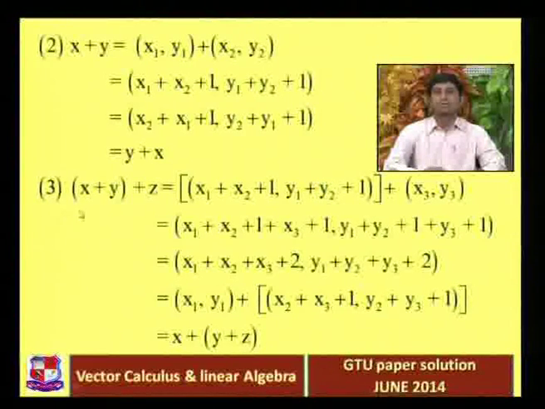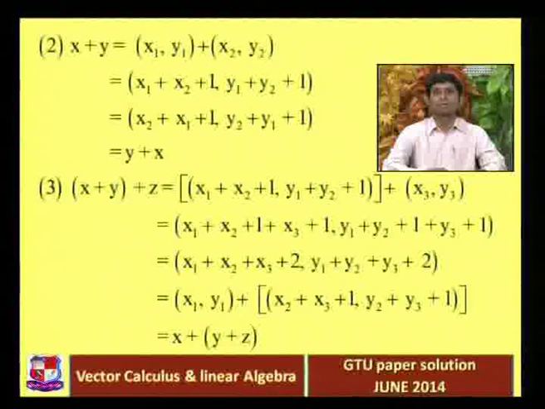Now the third condition. (x plus y) plus z is equal to (x1 plus x2 plus 1, y1 plus y2 plus 1) plus (x3, y3). We want to prove that (x plus y) plus z is equal to x plus (y plus z). By the definition, we sum the first coordinates of both vectors and then add 1.